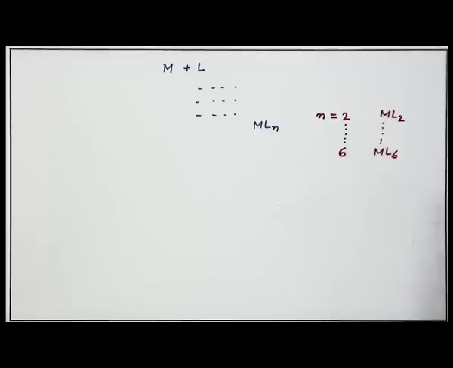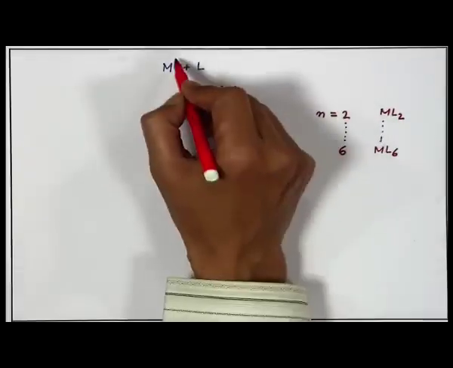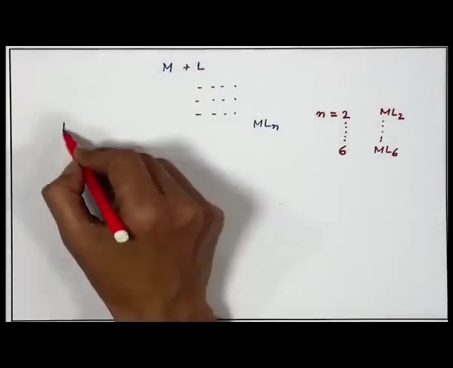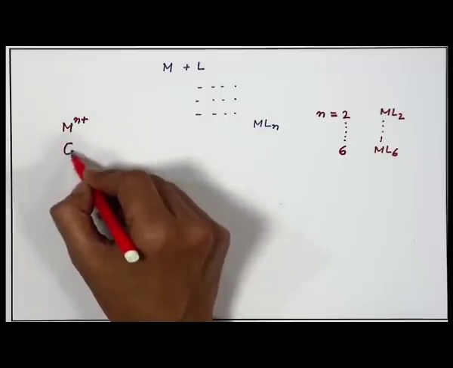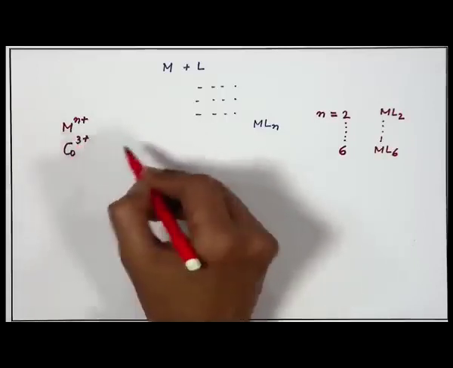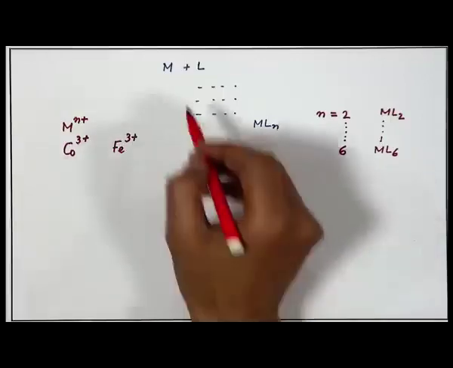So, this equilibria is very important to talk about. What we are talking about is that we have the M. This M can be our simple metal ion such as the cobalt 3 center or the ferric center, and we are talking about some ligands.